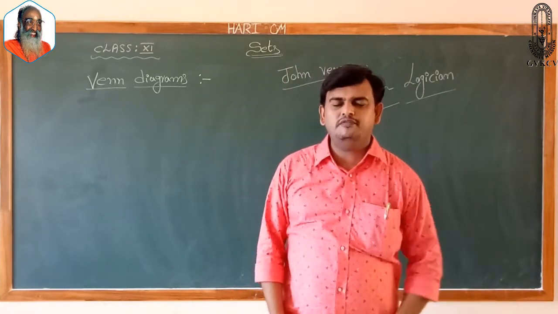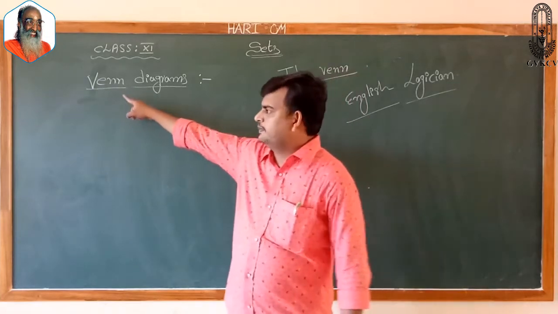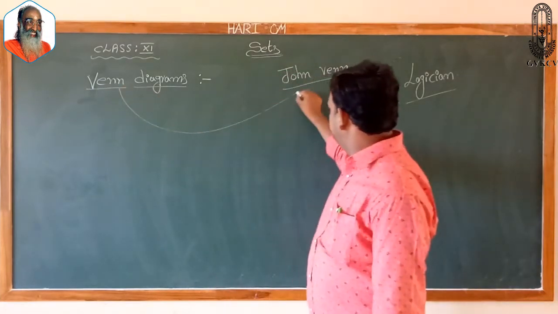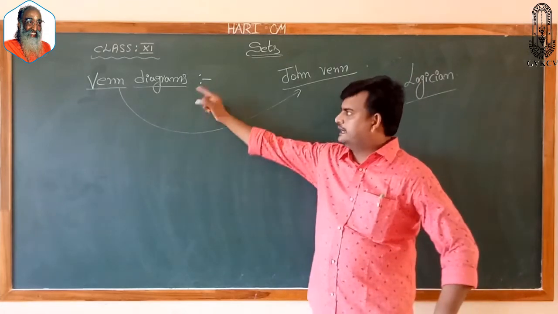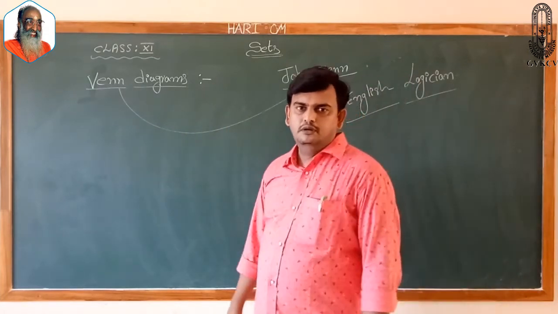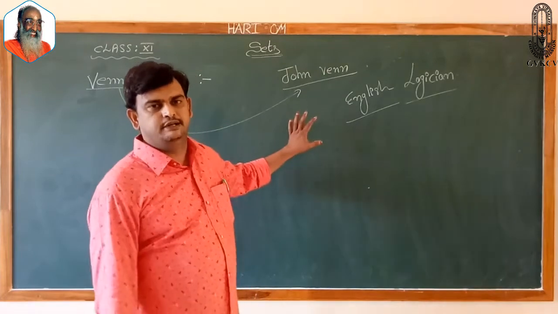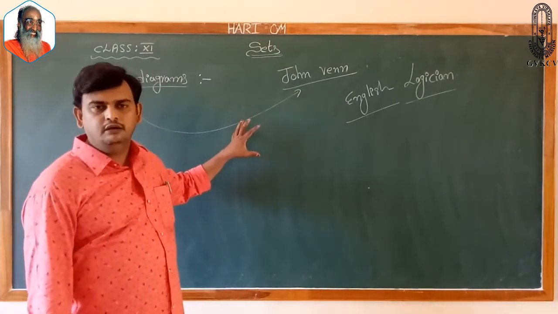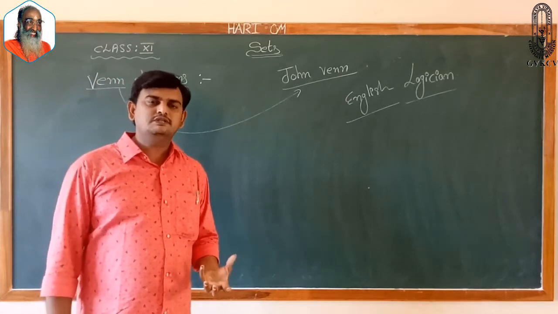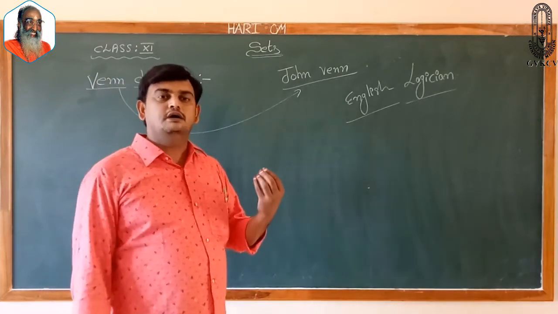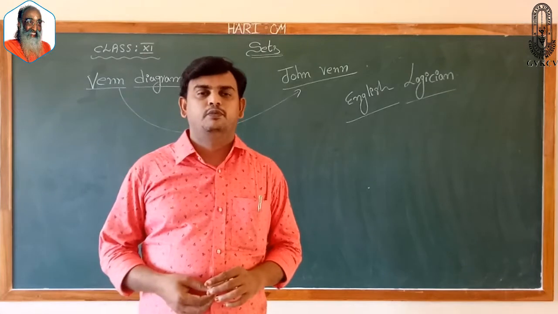So what is the meaning of Venn diagrams? The name Venn came from the mathematician John Venn, and diagrams. So what he has done, John Venn, he introduced the diagrams to represent the sets.